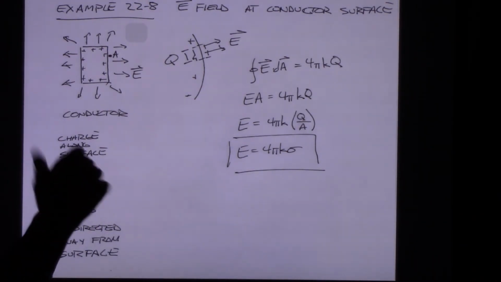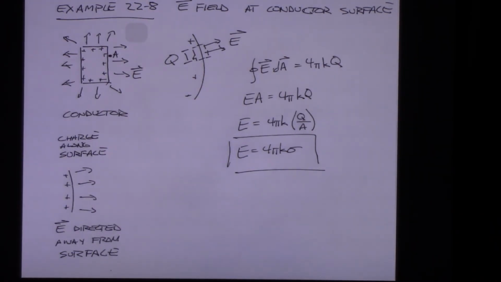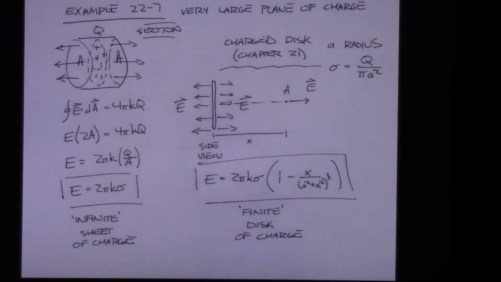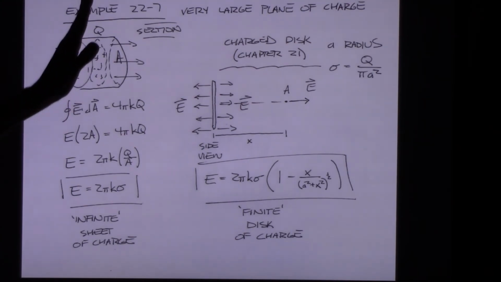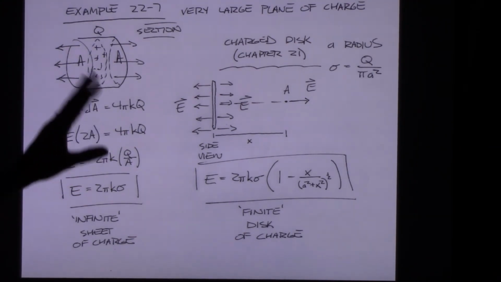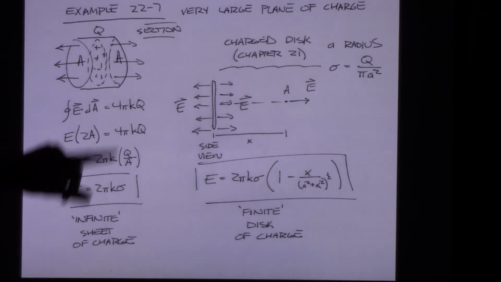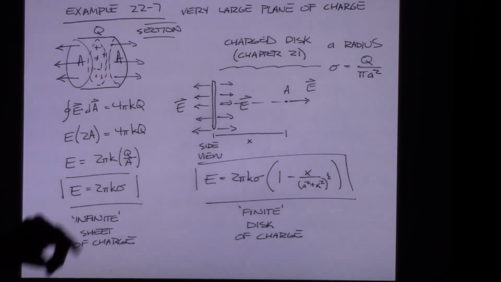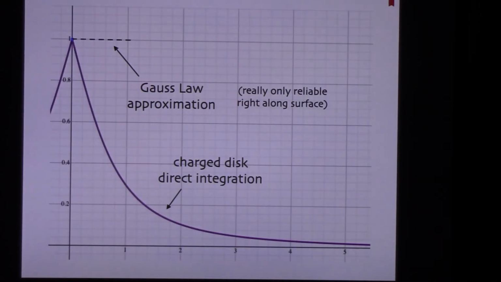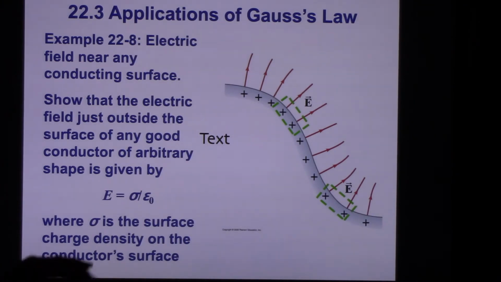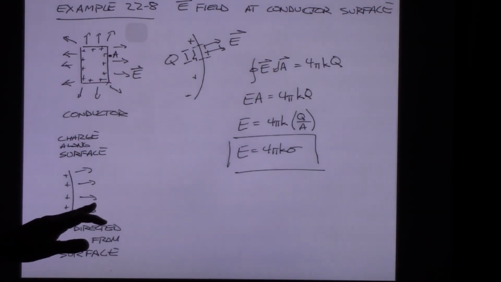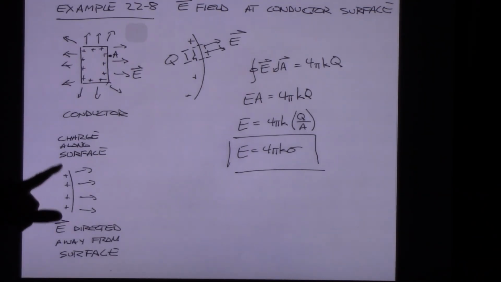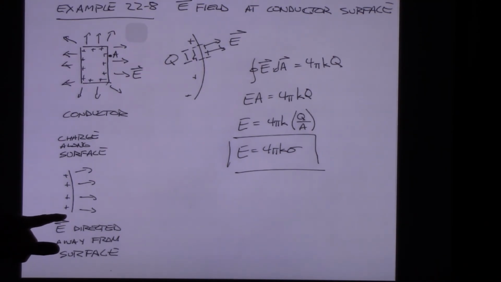Now, if you remember the previous example, this was 2 pi k sigma for a surface of charge. Why is it in this example we have 2 pi k sigma, but when we go to the surface of this conductor, it's 4 pi k sigma? It doubled. How did the electric field double? Due to a charge distribution along the conductor.